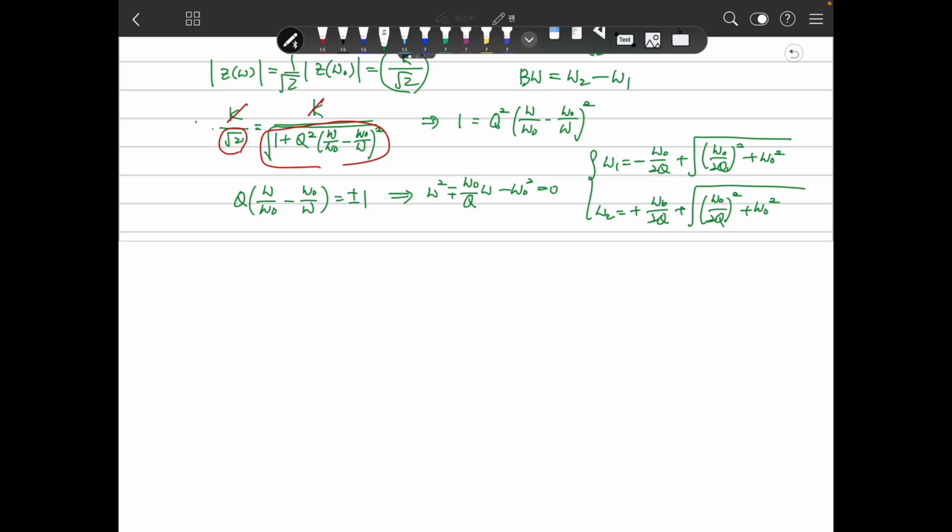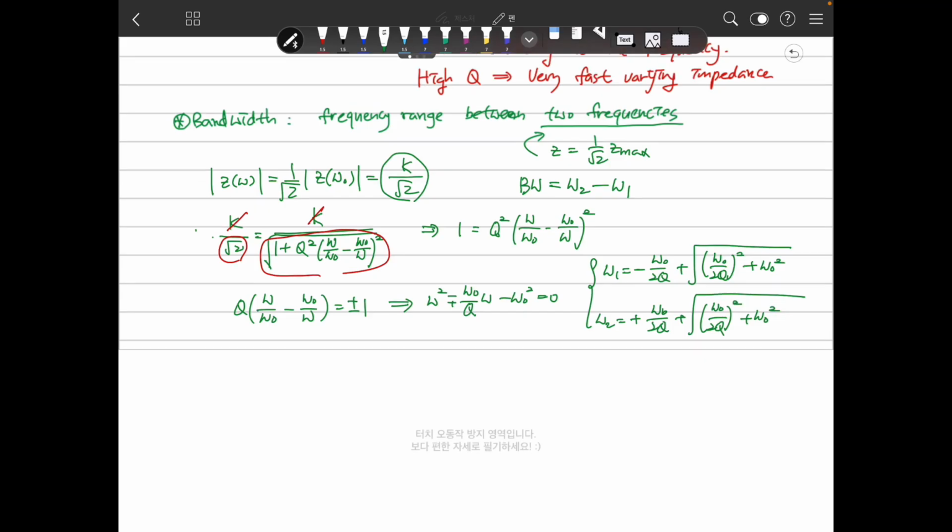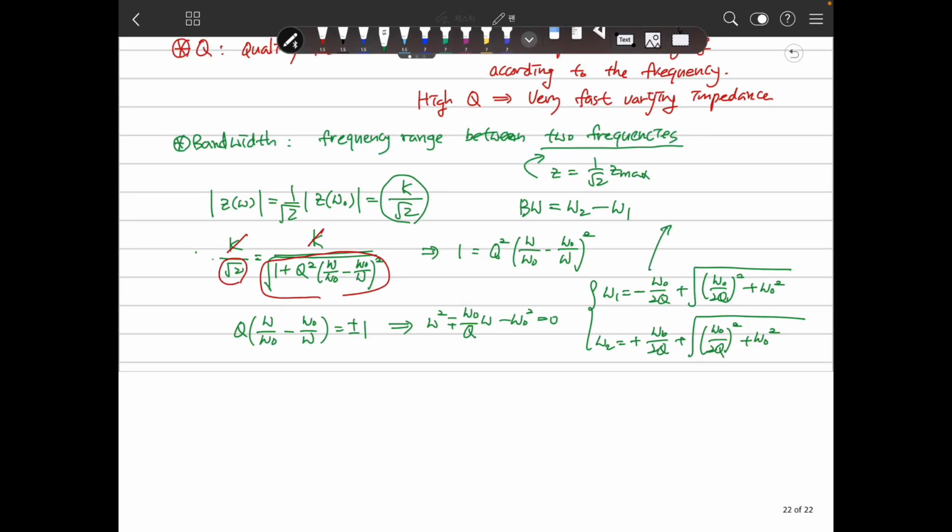That's it. So we can calculate omega 1 and omega 2 that make the 0.707 magnitude here. So from here we can calculate the bandwidth directly. Bandwidth is omega 2 minus omega 1, which is omega 0 over Q.